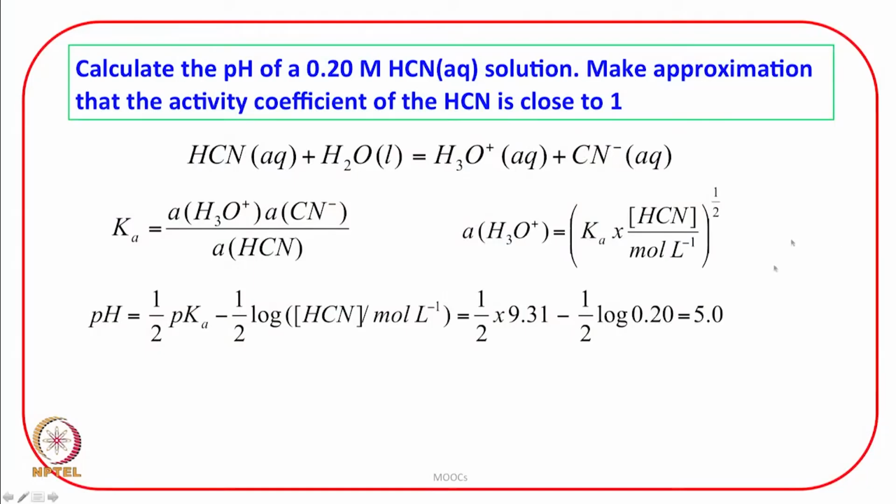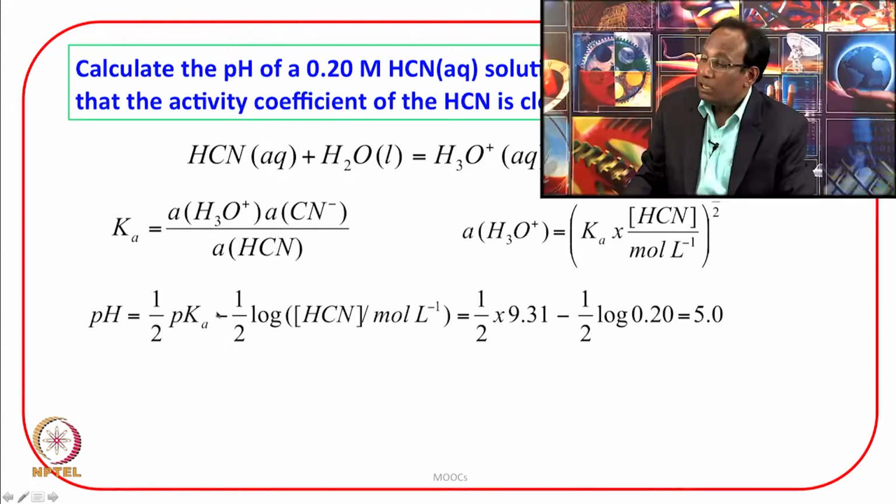That is what I just derived, that pH is equal to half pKa minus half log of HCN concentration, and pKa of HCN is 9.31 and the concentration of HCN given to us is 0.2 molar, and after calculation you see the pH turns out to be 5.